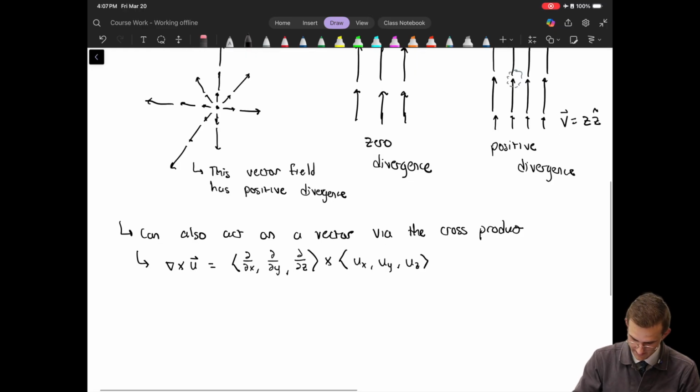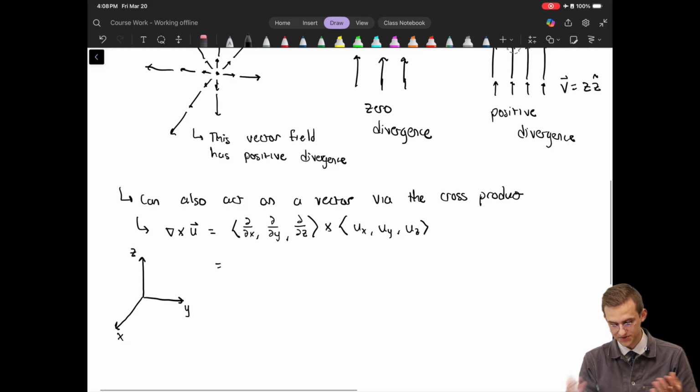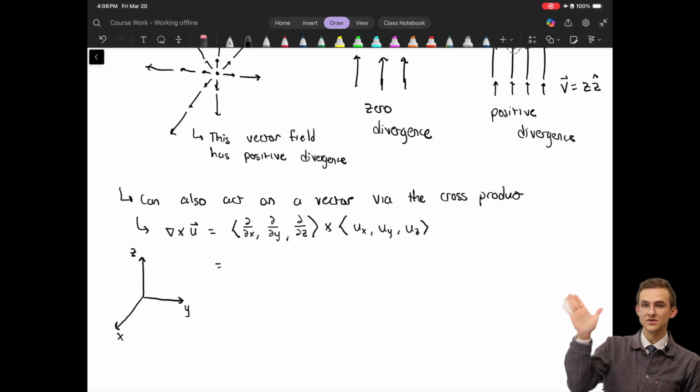Okay. And one thing that I like to do when I write out a cross product is to draw a coordinate axis, so I don't have to memorize the rule. And so then I know that this is x, this is y, this is z, and you can use the right hand rule. So with your right hand, you have your fingers straight, that's the first vector.